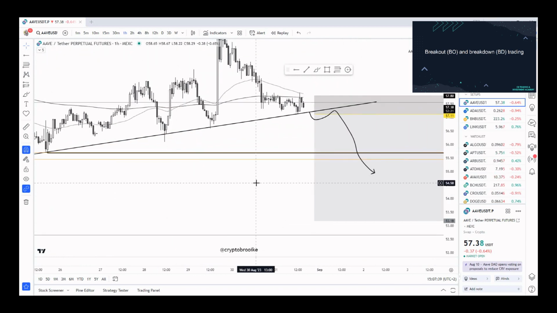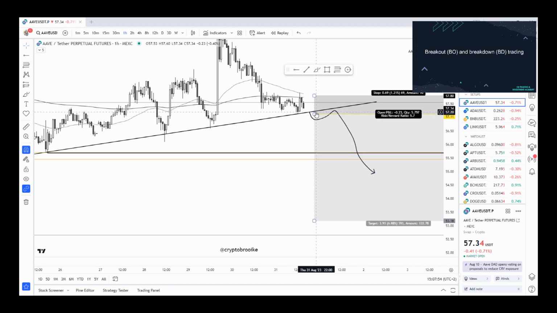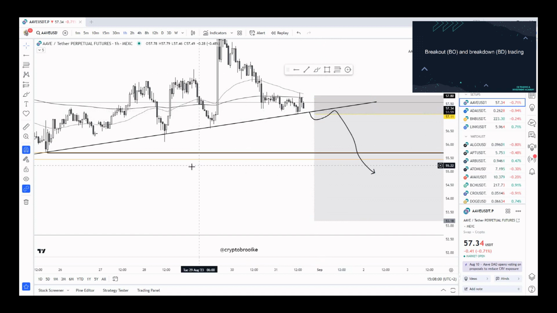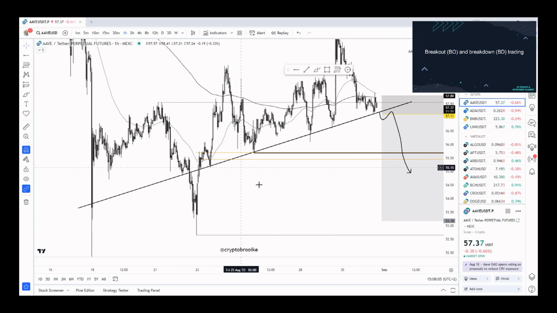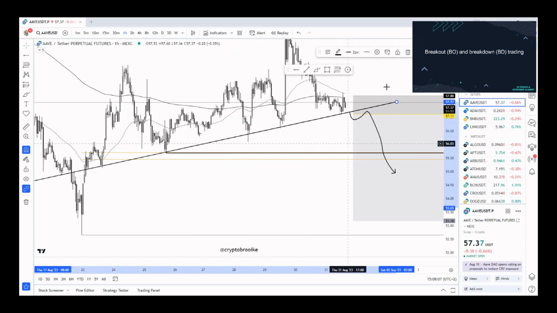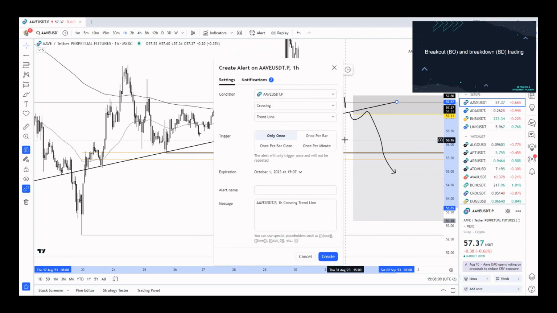So yeah, and that's what I'm waiting for again at this point. I'm waiting for a breakdown candle that closes below, and then a candle that is completely below, and then I will enter on the retest of the trend line. So that's why this one is still here, and I'm not sure if I have a notification.